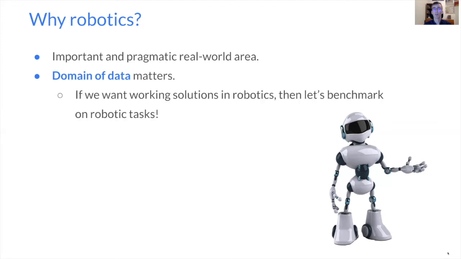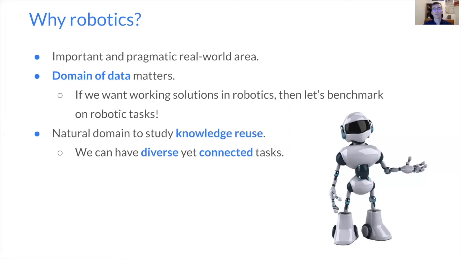For example, if we design our algorithms working only with simple benchmarks, like, for example, split MNIST, we cannot be sure that our solutions will generalize to more complex problems. Also, robotics is a natural domain to study knowledge reuse. By this, we mean how effectively can we leverage previous tasks to learn a new task.